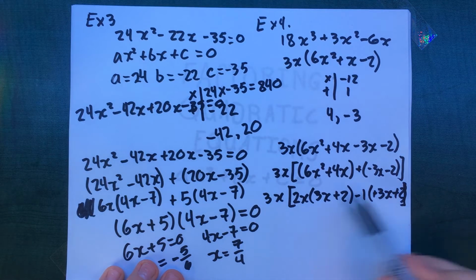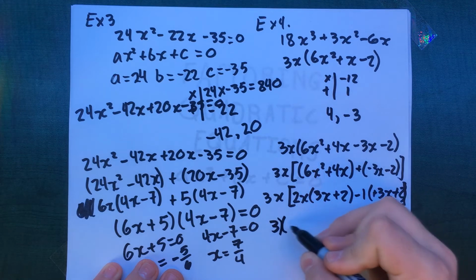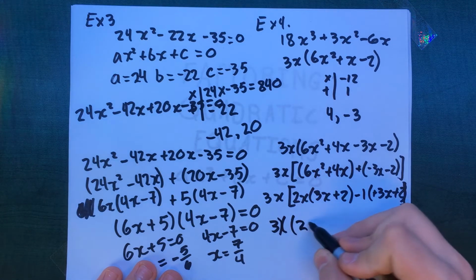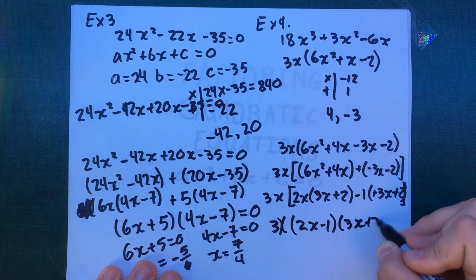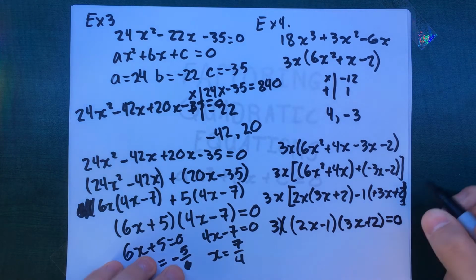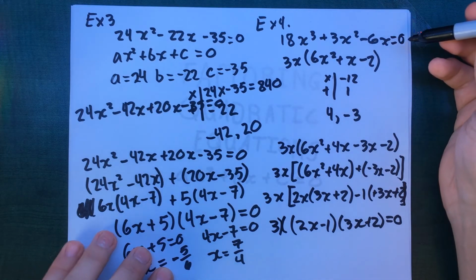So if we group these factors, we can find that 3x times 2x subtract 1 times 3x plus 2 is equal to 0, like the first part of our first equation.